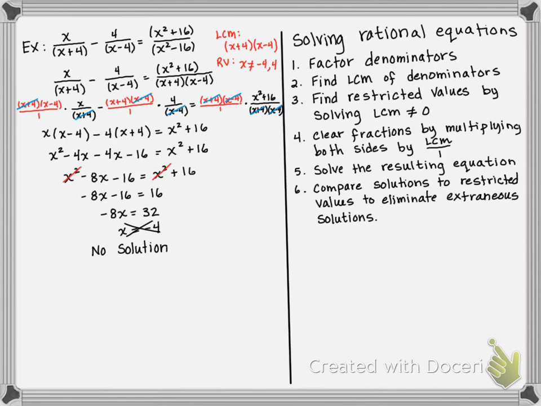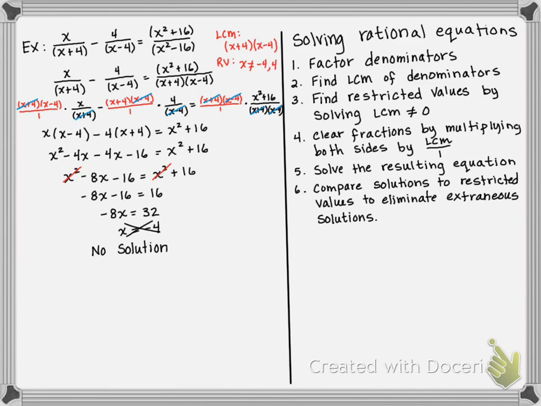So all your LCMs will always be restricted values then? Anything that makes my LCM 0 is a restricted value. The LCM itself is not the restricted value. If you set x minus 4 and x plus 4 equal to 0, the solutions are negative 4 and 4. So the LCM isn't a restricted value.